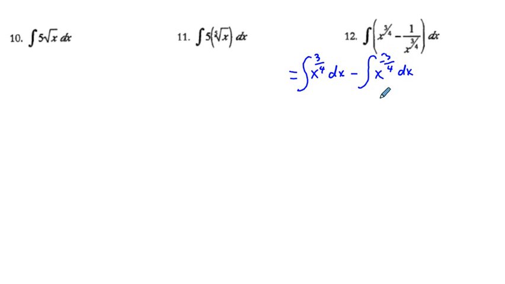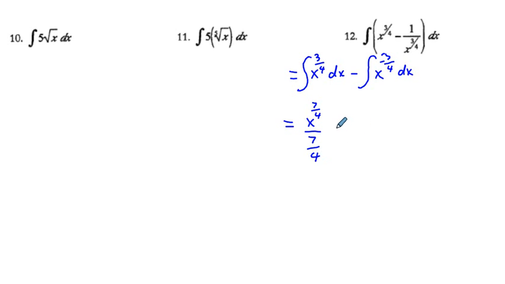What we have now is our integration is going to be x to the, what is 3/4 plus 1? Well, that's going to be 7/4, so this could be x to the 7/4. And we're going to divide by the power we raised to, which was 7/4.